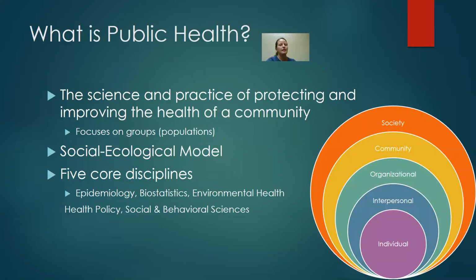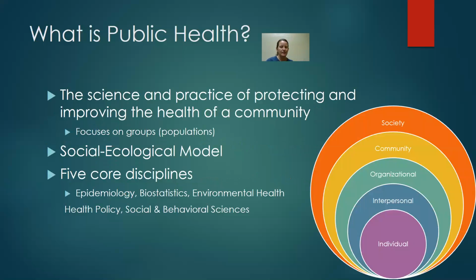We typically think about things in the context of the social ecological framework or social ecological model, which is shown to the right of this slide. So basically it's just indicating that people are situated within families and communities and broader networks, and that we should not just address individual health and issues when we're trying to improve population health, but that we should really work across these multiple categories.